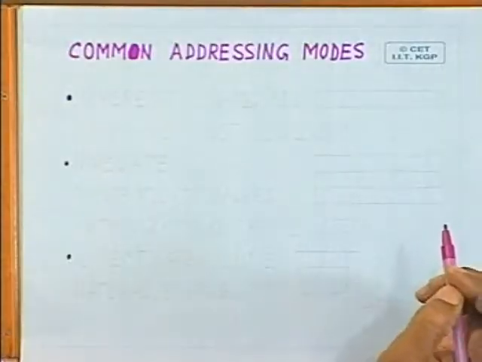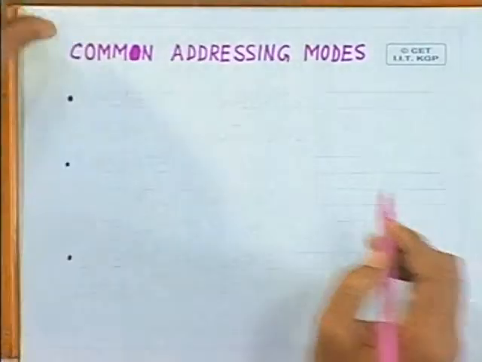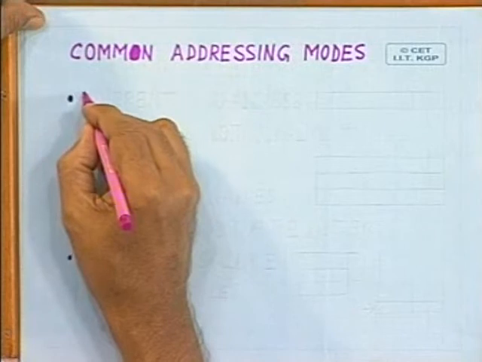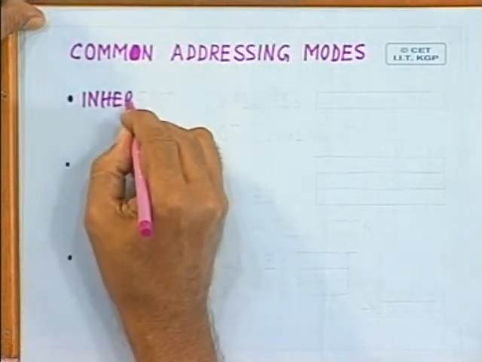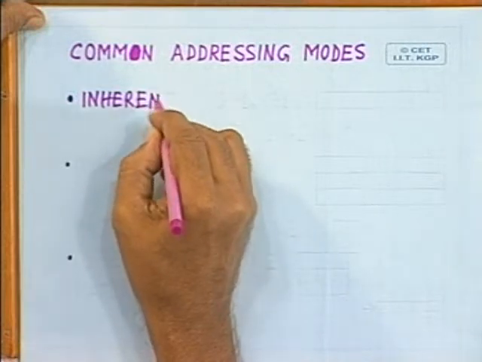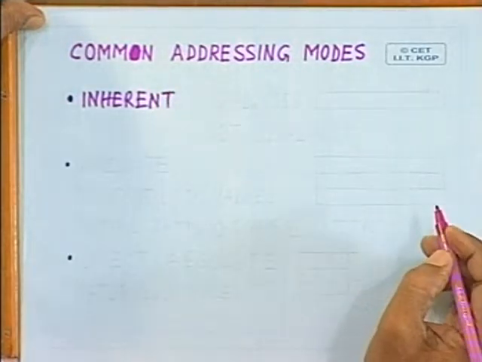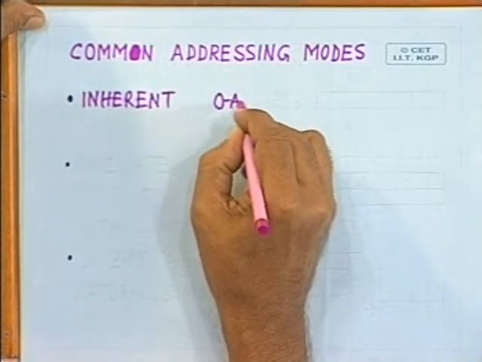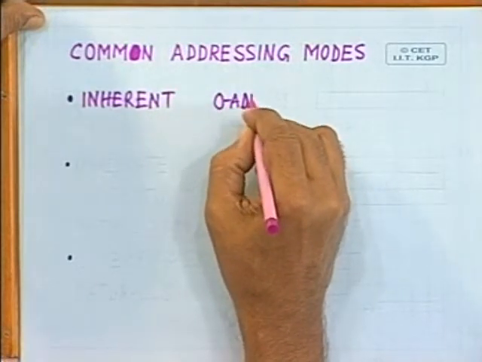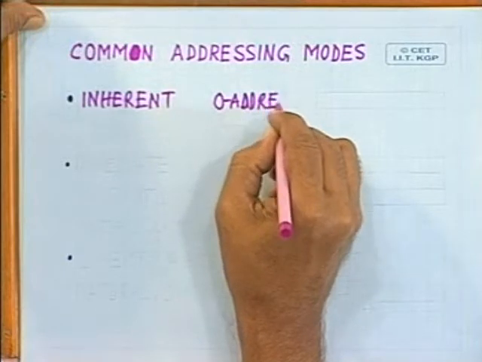Here we are discussing the common addressing modes. First one is inherent addressing mode. An inherent addressing mode essentially belongs to the zero address class.